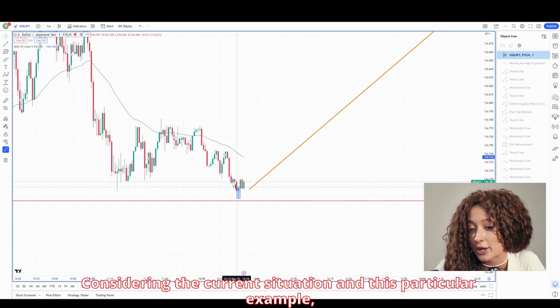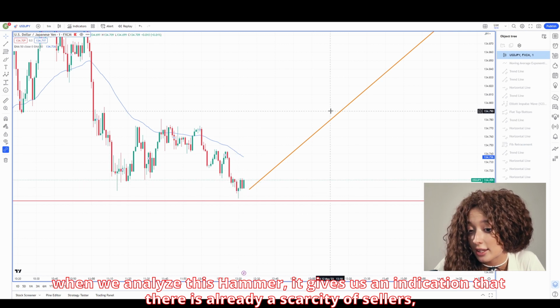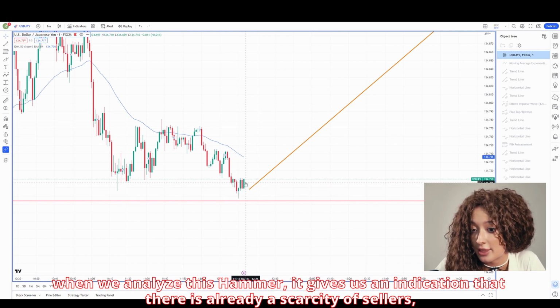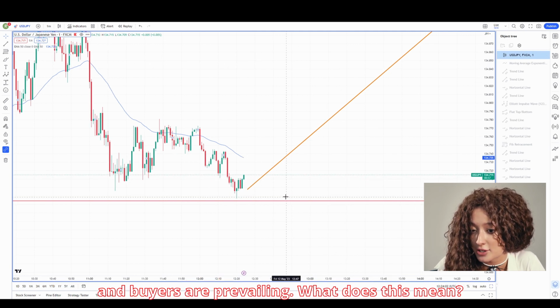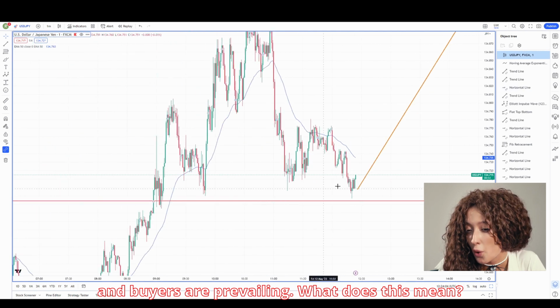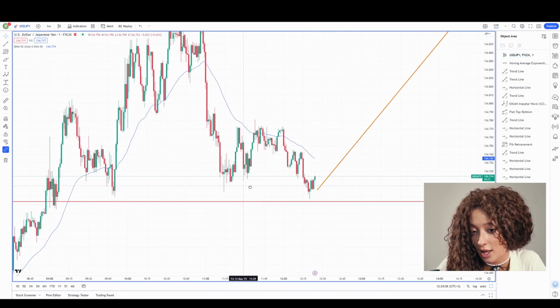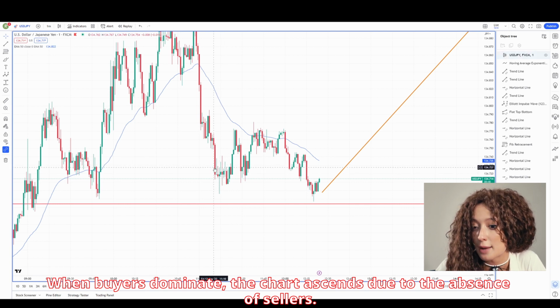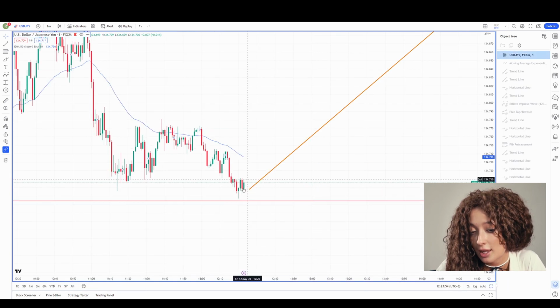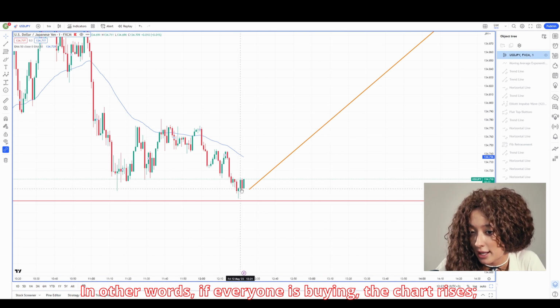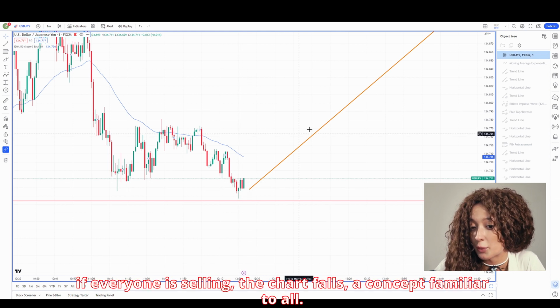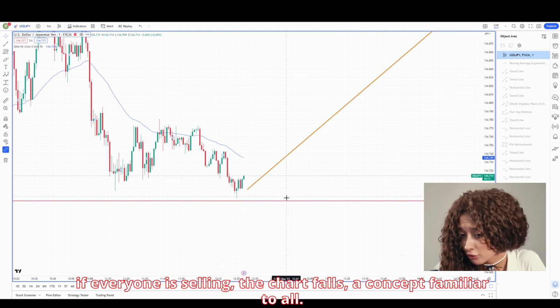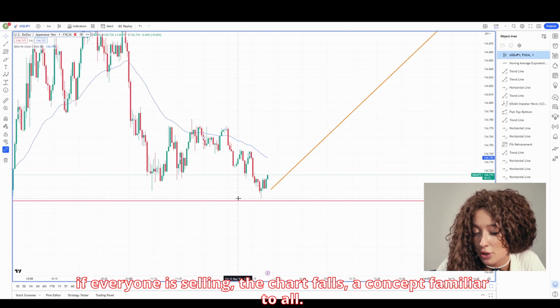Considering this particular example, when we analyze this hammer, it gives us an indicator that buyers are prevailing over sellers. In other words, if everyone is buying, the chart rises. If everyone is selling, the chart falls. A concept familiar to all.